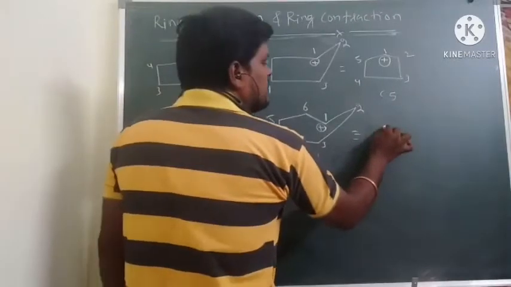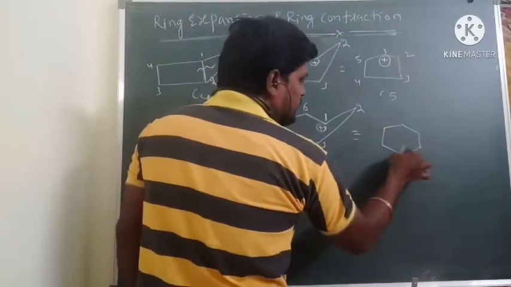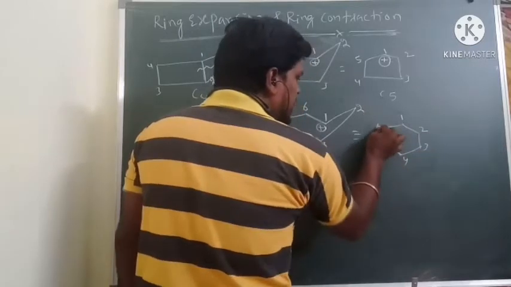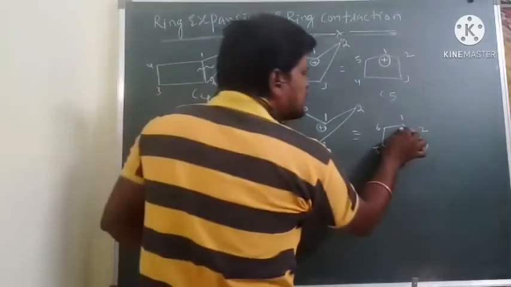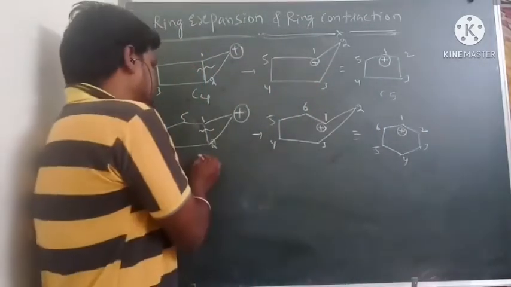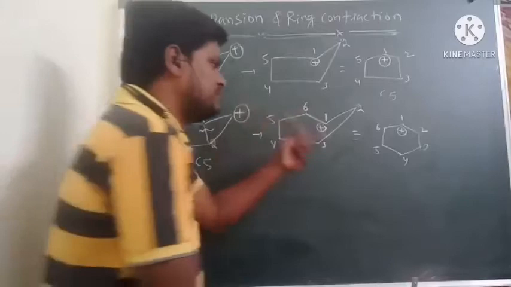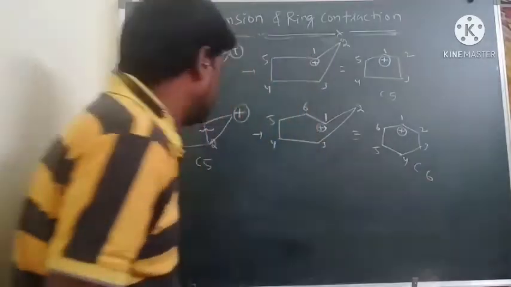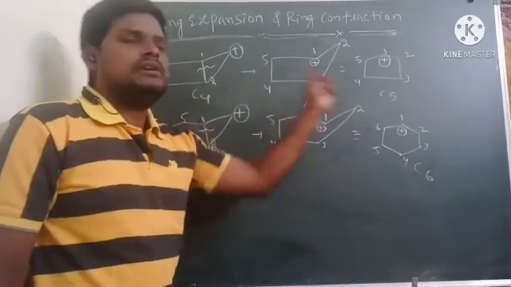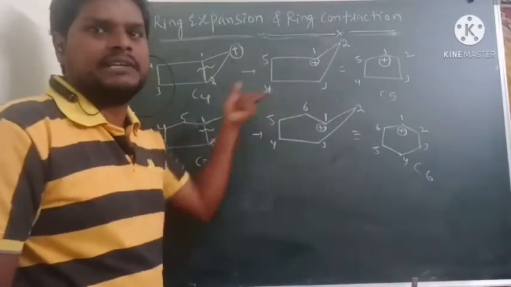Write down the structure: 1, 2, 3, 4, 5 and 6. The first carbon still has the positive charge. Initially this was a C5 ring but now it is a C6 ring, so expansion takes place: C5 to C6, C4 to C5. These two are examples of expansion.